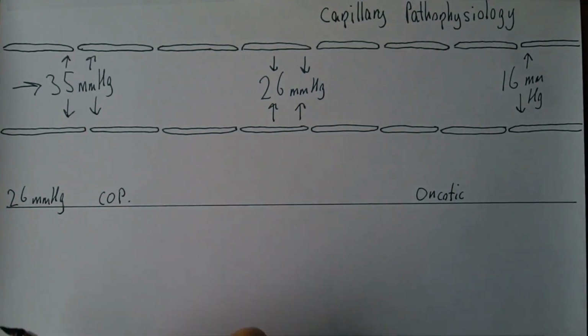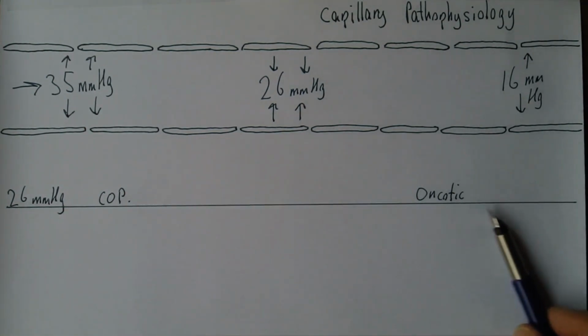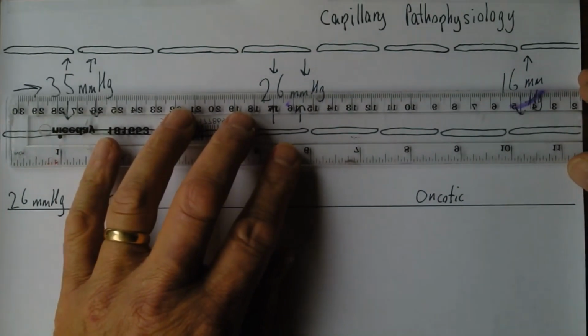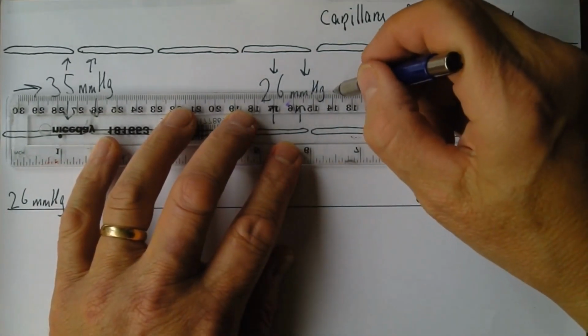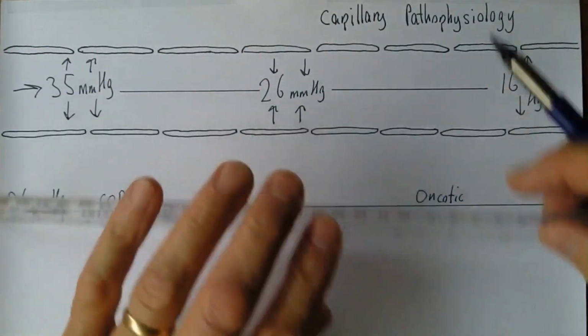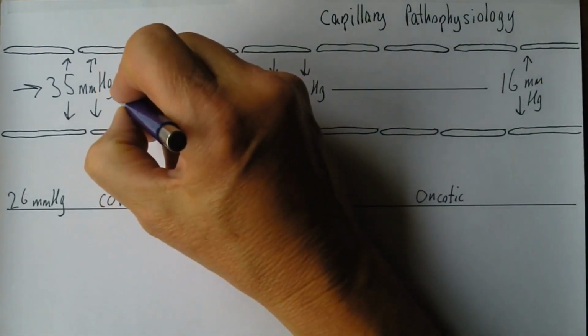So that is basically going to be the same all the way along the length of the capillary. So this 26 millimeters of mercury here is going to extend all the way along the capillary. It's not going to change significantly.